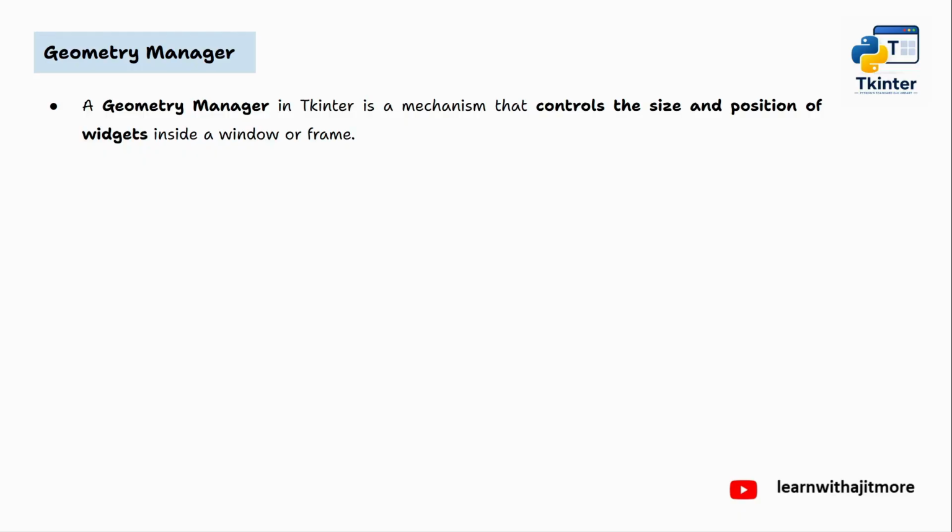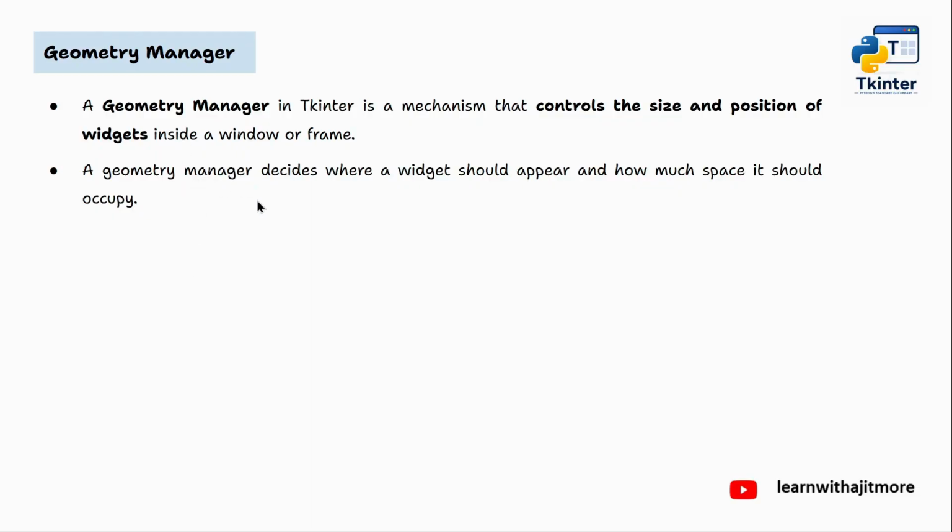So he is responsible for placing the customers on the appropriate tables within that restaurant. Getting? So that is one analogy I'm telling. So here also the geometry manager is deciding where your widgets will be placed within your main window.